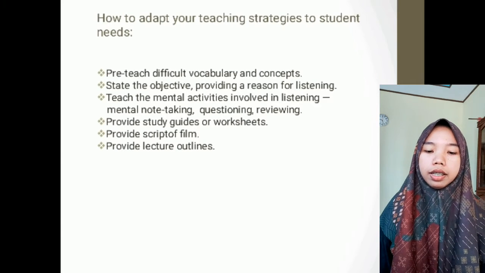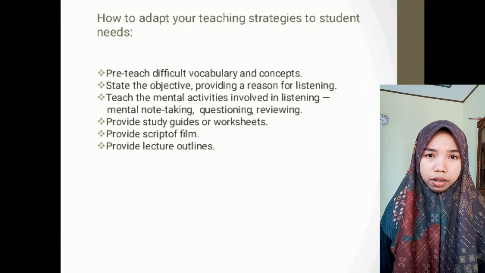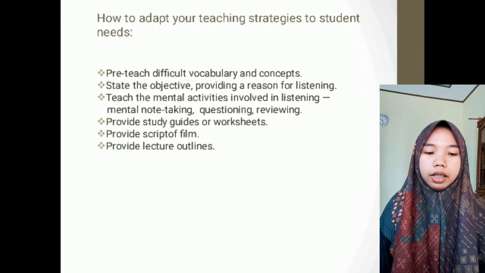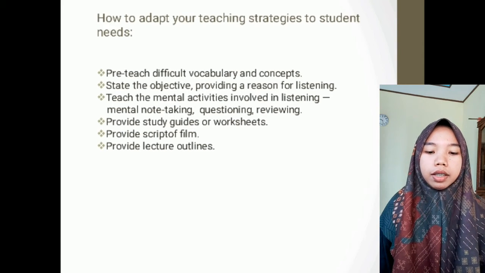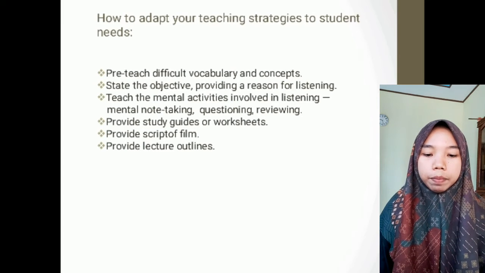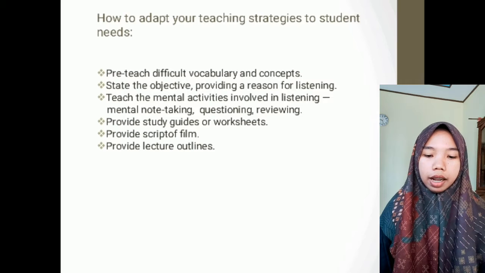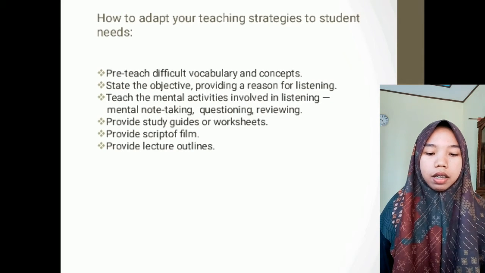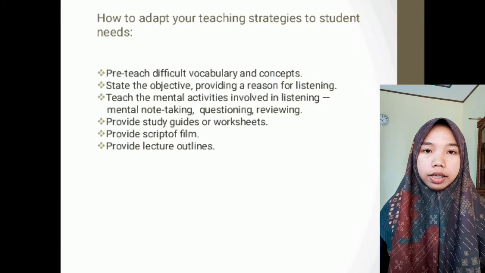The third is teach the mental activities involved in listening, mental note-taking, and questioning and reviewing. And the next, provide study guides or worksheets, and provide scripts of films. And the last is provide lecture outlines. Okay, that's all for me.